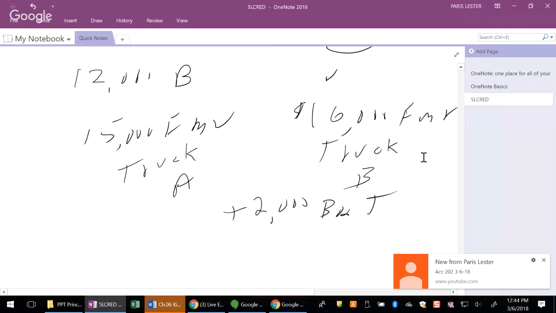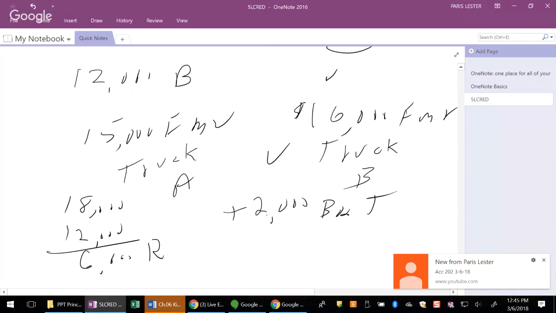If your basis is 12, and you received 18, add these two together, get 18. 18 minus 12 is $6,000 realized.